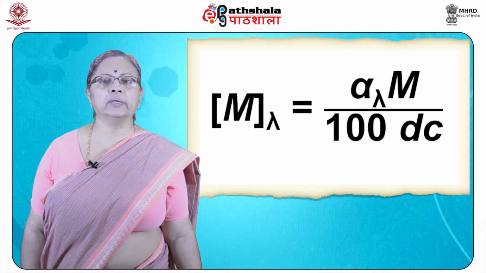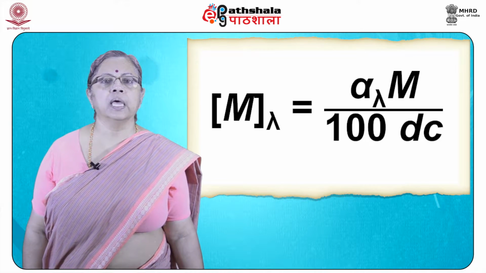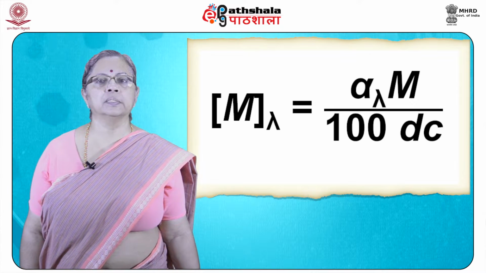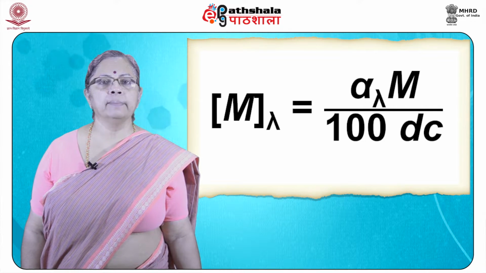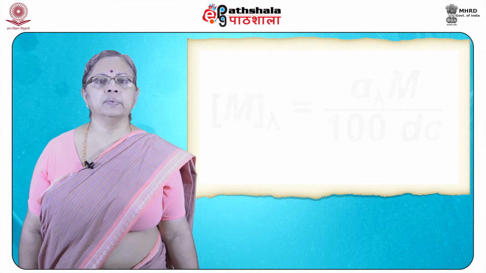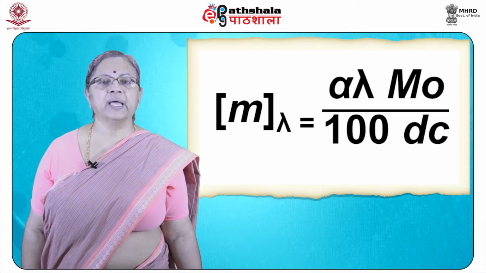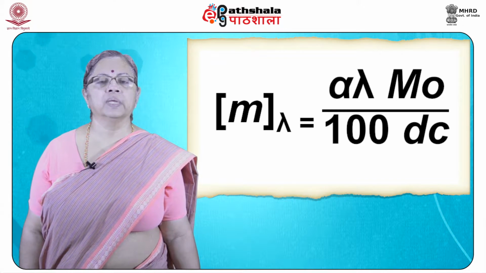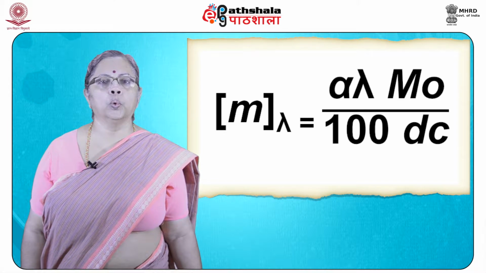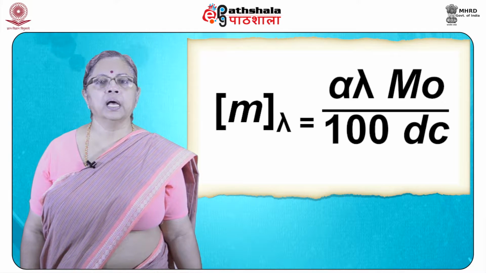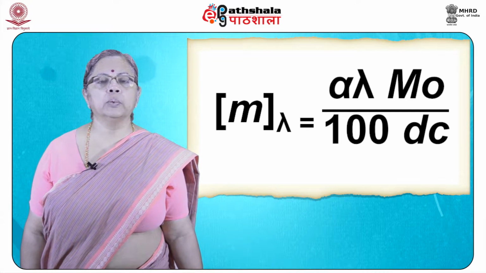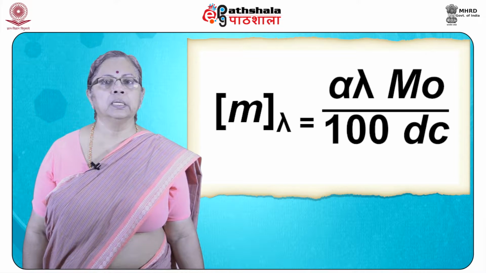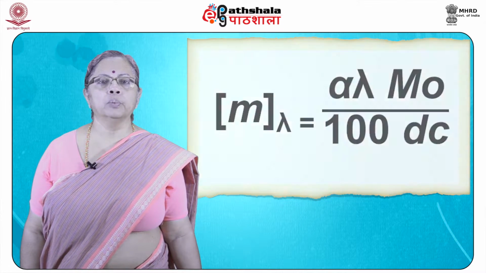In the case of macromolecules such as proteins and nucleic acids, which are polymers, the mean residual rotation, bracketed small m alpha, is usually described by the equation [m] alpha is equal to alpha lambda M0 divided by 100 dc, in which M0 is equal to the molecular weight of the polymer divided by number of monomers.